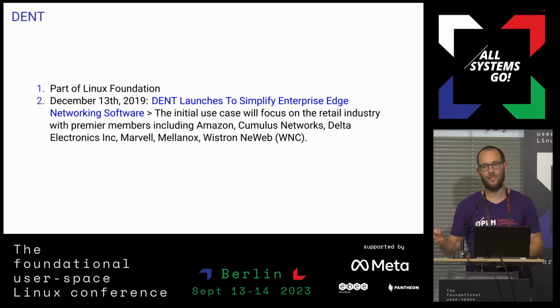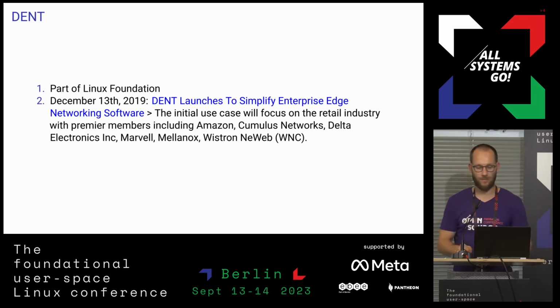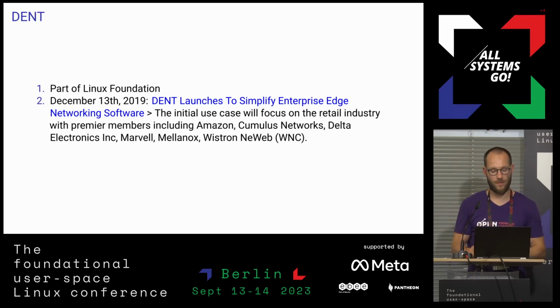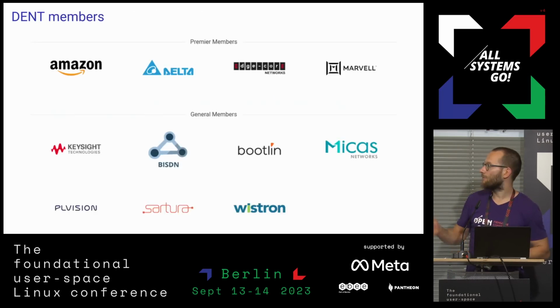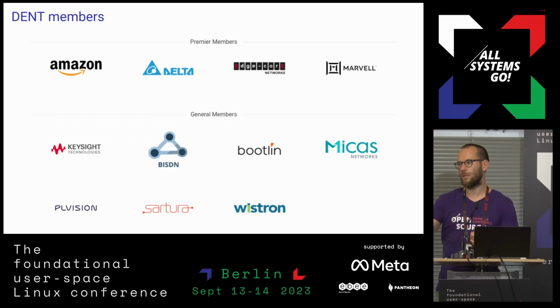Cumulus was acquired by NVIDIA, and NVIDIA wanted to not support the competition, let's say, so they basically stepped back and left this project, I would say. So the current members are Amazon, who have walk-in stores in the US, and some of those are unmanned, so you just put your credit card in when you enter, and then you take your products and walk out. I've never been in one, but maybe you have been at the airport or so.